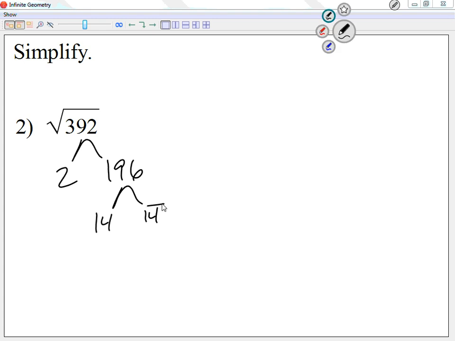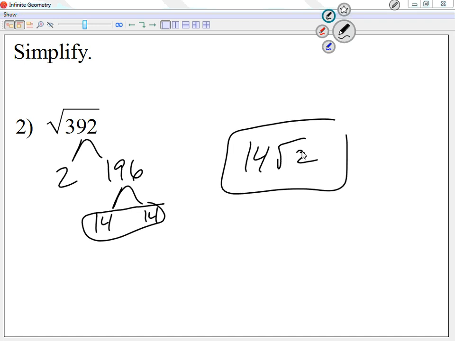As soon as we have a group, group them up. We can split them, but it's going to give me a group of 2 and a group of 7, and when I multiply them, it's going to give me back 14. So our goal is to get groups, not to break everything up. So my answer for this will be 14 radical 2.